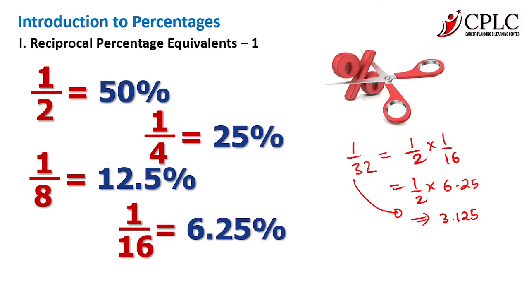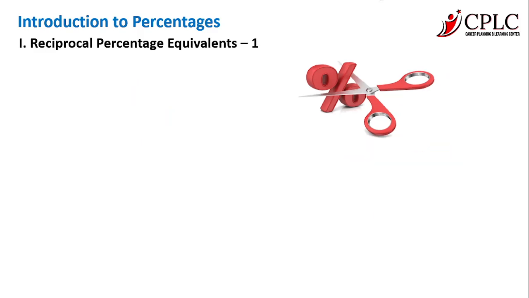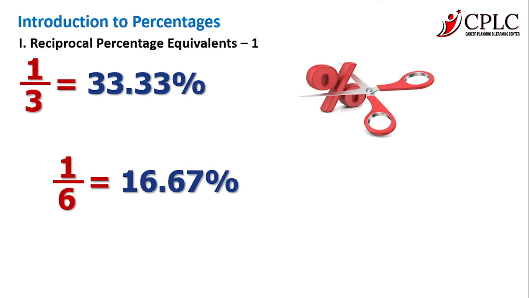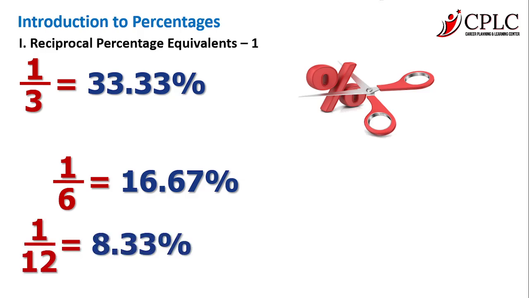The next group is 1 by 3, which is 33.33%, one third. Then the next number after that is 1 by 6, which is half of 1 by 3, so half of 33.33. That becomes 16.67%. Then there is 1 by 12, which is half of 1 by 6, so half of 16.66, which is 8.33 probably.